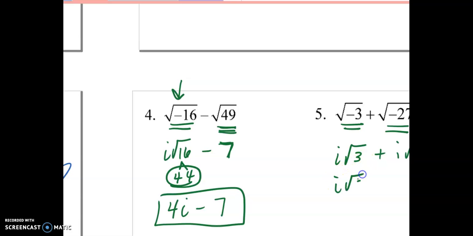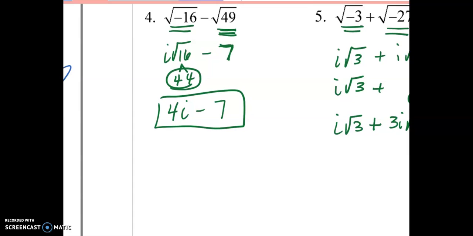So i root 3 plus, I break this down, 9, 3, 3 and 3, pair of 3s: i root 3 plus 3i root 3. Now my radicals are the same, and 1 plus 3 is 4i root 3. So when they are both starting as not real numbers that we can take answers to, then we can do it all in the imaginary form.